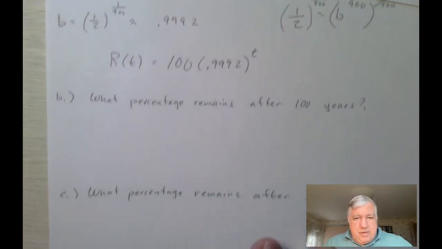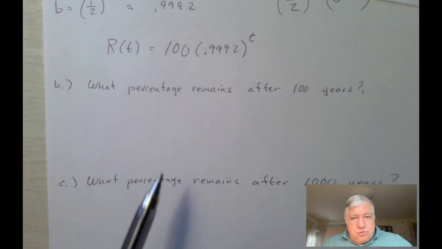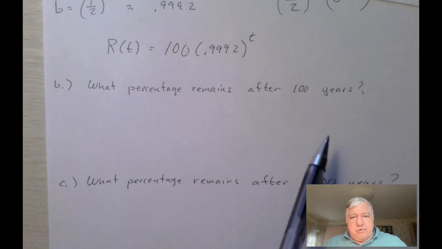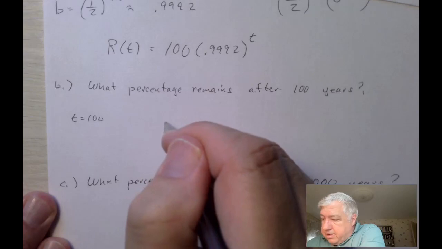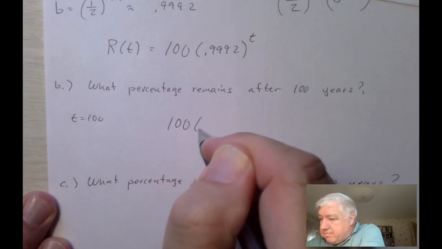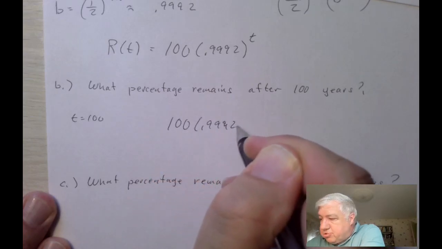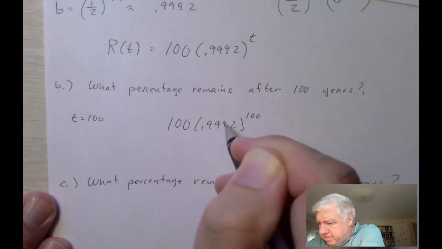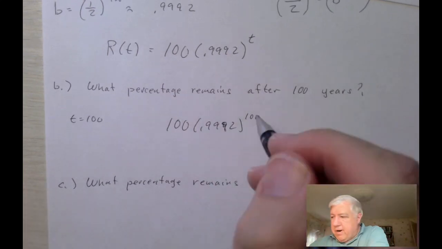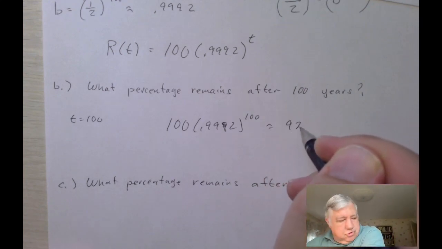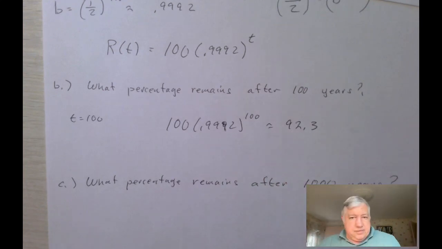Okay, so the question is, what percentage remains after 100 years? Well, you plug in t equals 100, and you get 100 times 0.9992 to the 100th power. And this turns out to be approximately 92.3%.